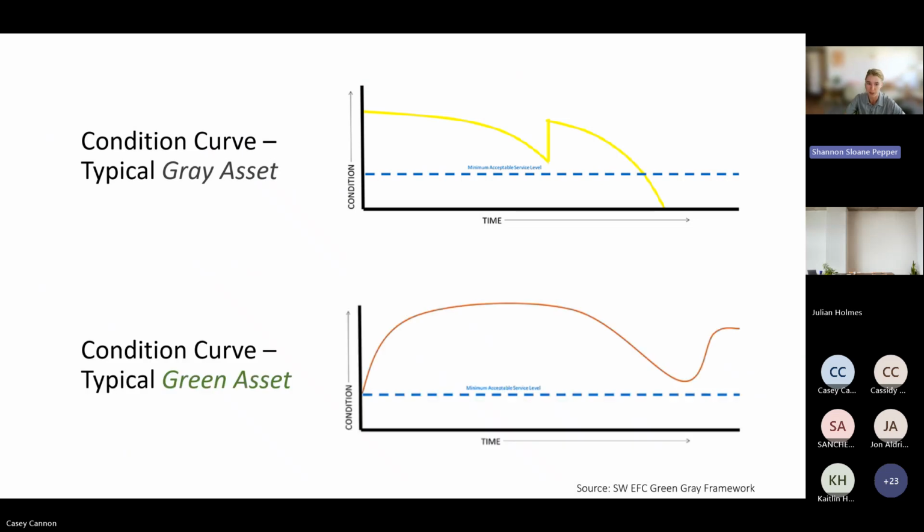Click through and we'll look at a green asset. So this is a little bit different. When you first install a green asset, it's probably not going to be functioning at its highest capability, and that's because we're accounting for vegetation. When you plant a plant in the ground, for those of you who work with green assets or are gardeners, you probably know that it takes a while for vegetation to take root. And those roots do more than just root the plant.